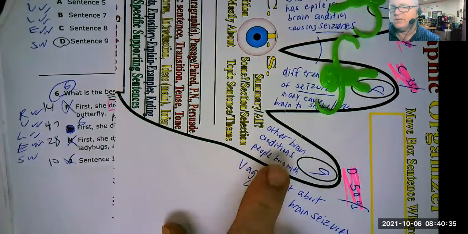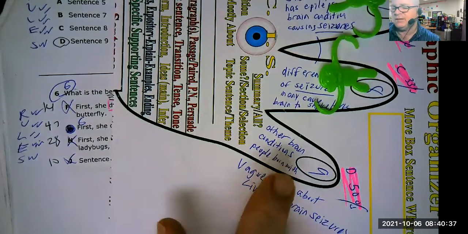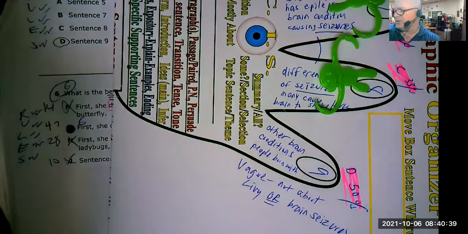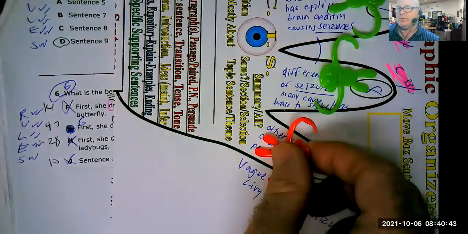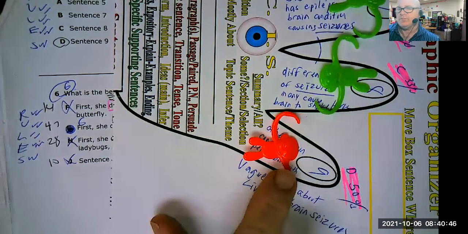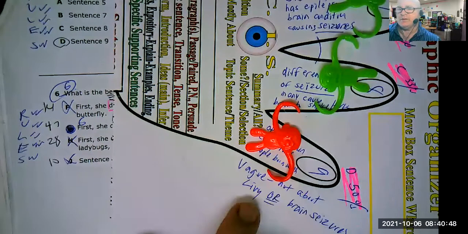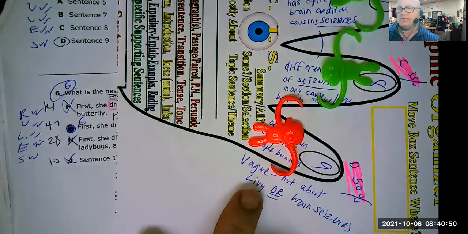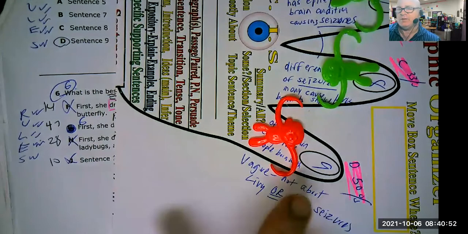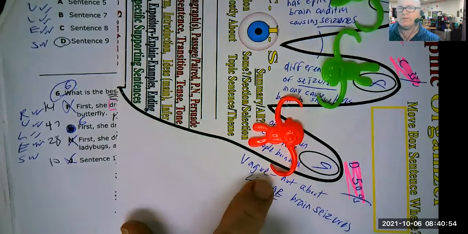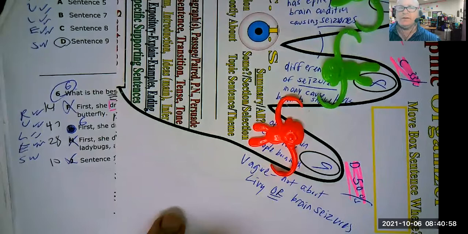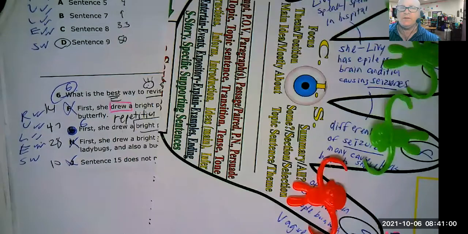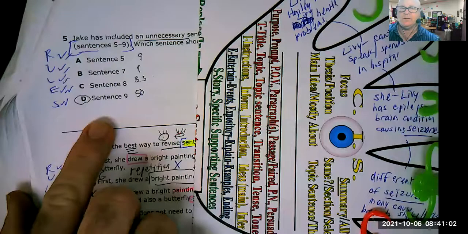So instead of selecting that one to include, we're going to select it to eliminate. So the one that we should eliminate is letter D because it's vague. It's not about Lily or her brain seizures. So the correct answer to eliminate is going to be letter D.